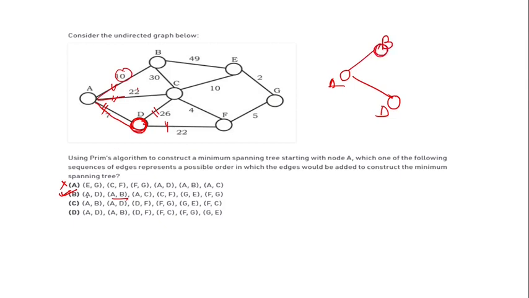AB I visited. So now I have these options, and then this also, because I visited B. So 49, 30, 22, 26, and then 22. All these options are there. After that, AC.